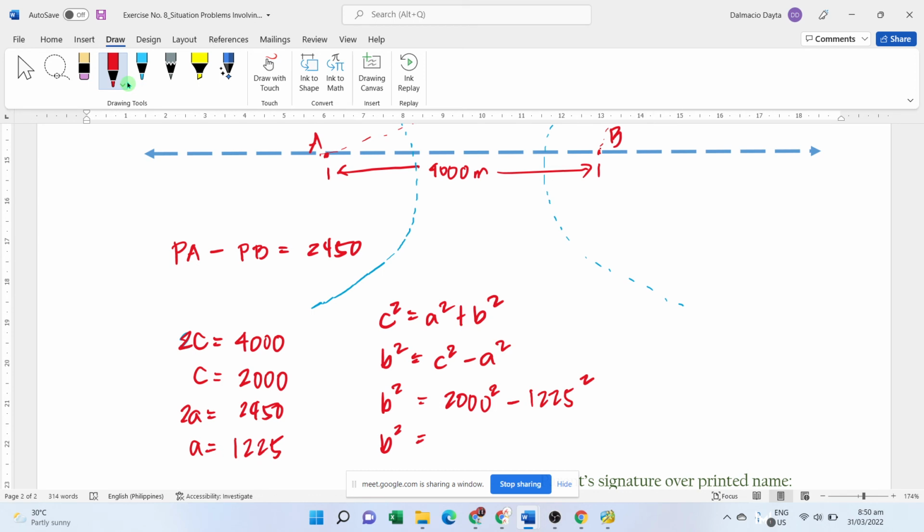Use the calculator. 2,000 squared minus 1,225 squared.